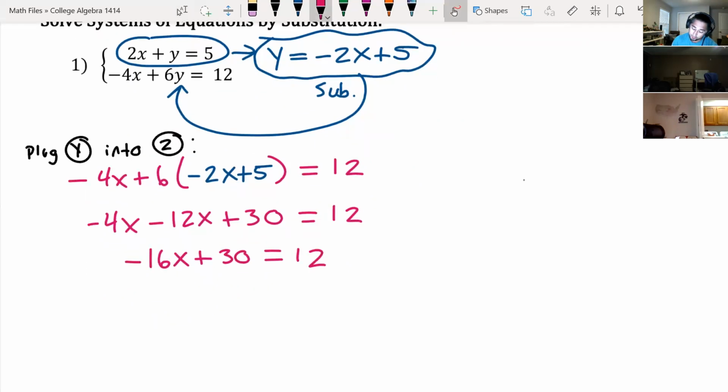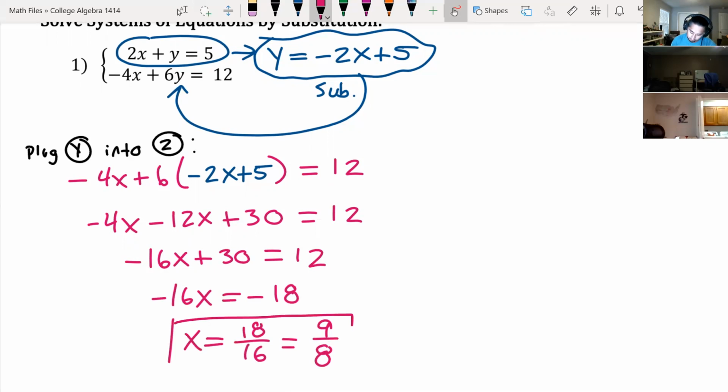Move the 30 over, and we get negative 16x is equal to negative 18. Divide by negative 16, and negative over negative makes positive. So we'll get 18 over 16, which reduces to 9 over 8. So x is going to be 9/8.